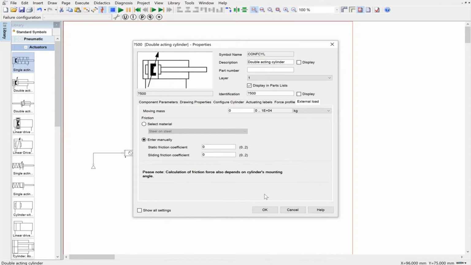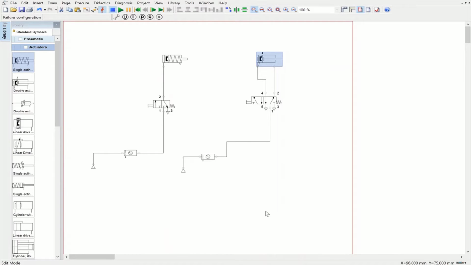So these are the properties that we can see for the single acting and double acting cylinder, and as I said, based on the applications that we are dealing with, we can adjust each of these parameters.